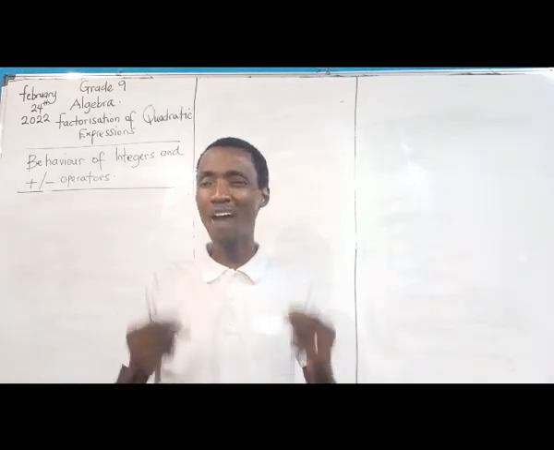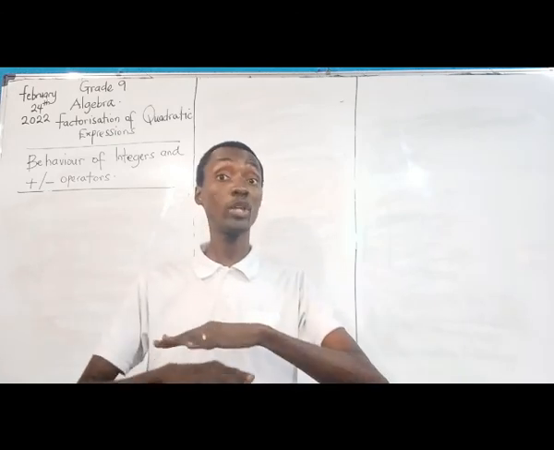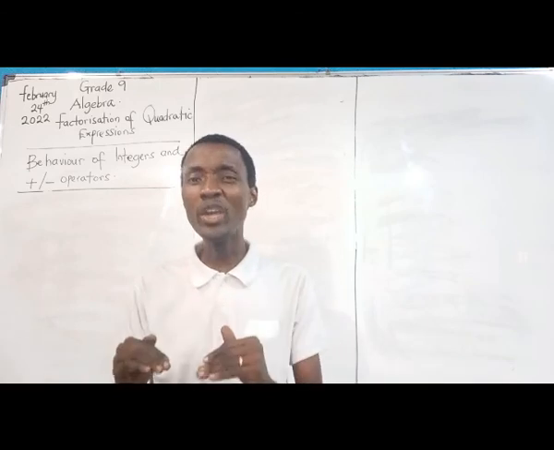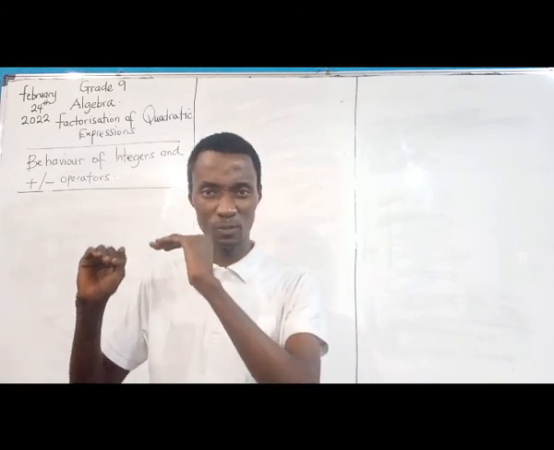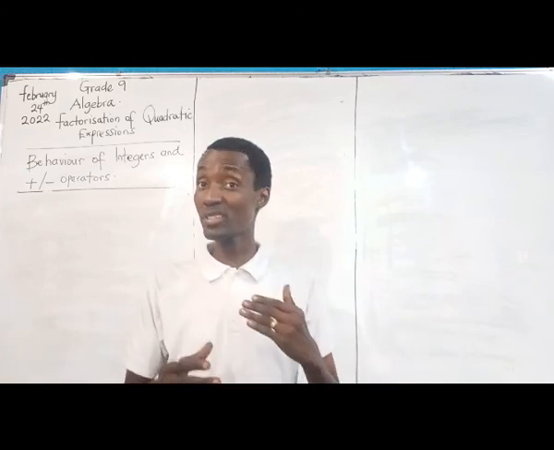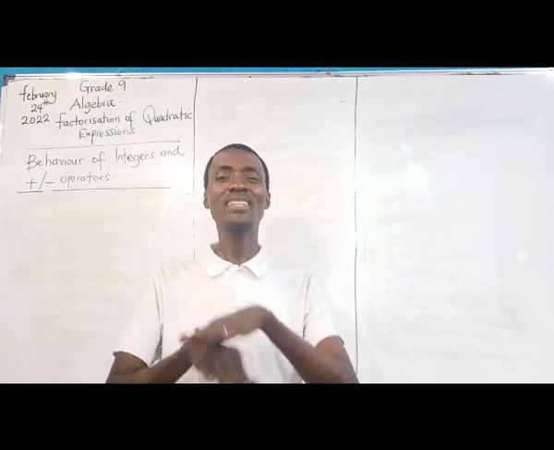You need to have an understanding of how even and odd numbers behave. So with what we've done so far, we can now go in to do the quadratic factorization. And I'm trusting that as we go into it, we will find learning seamless.